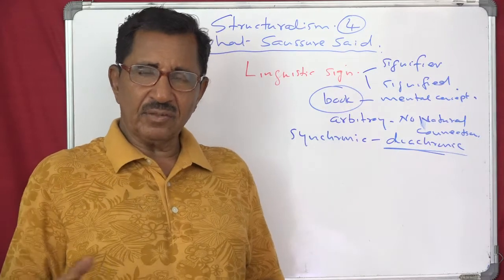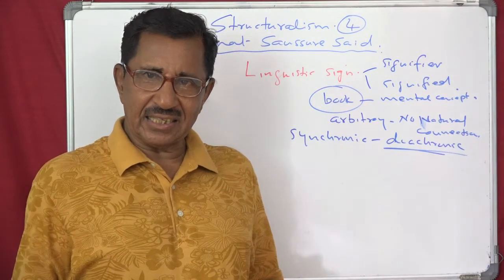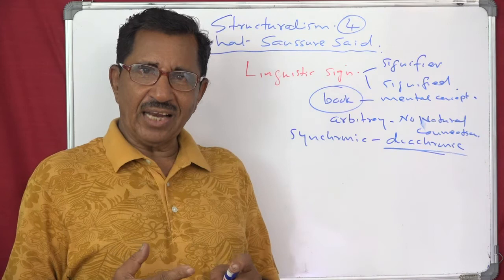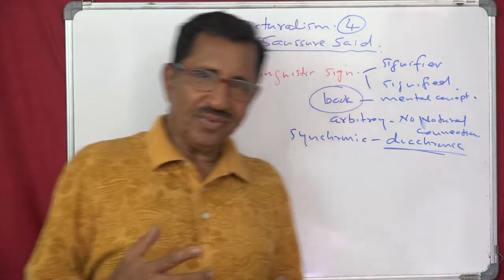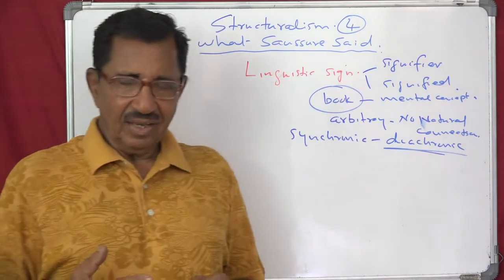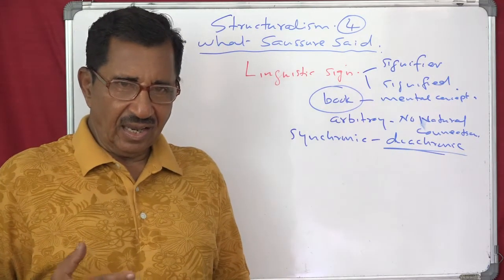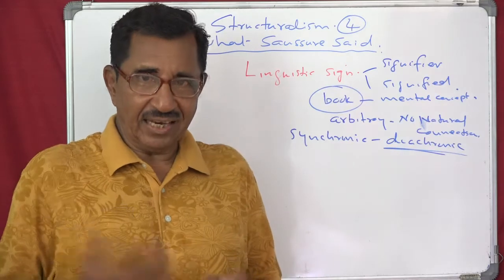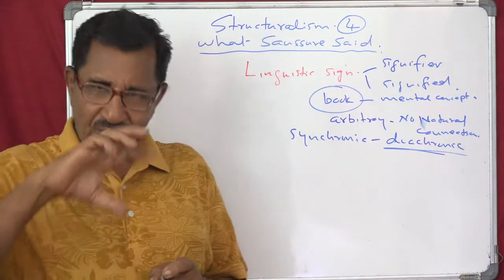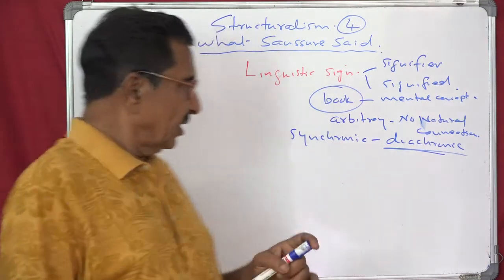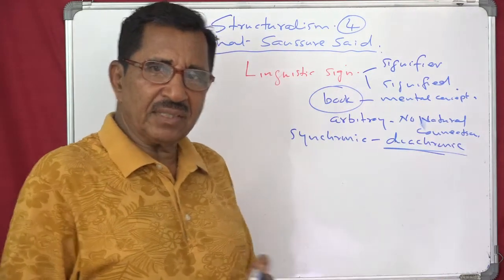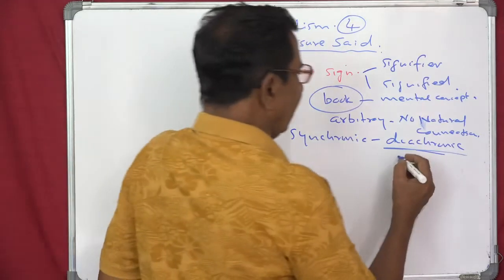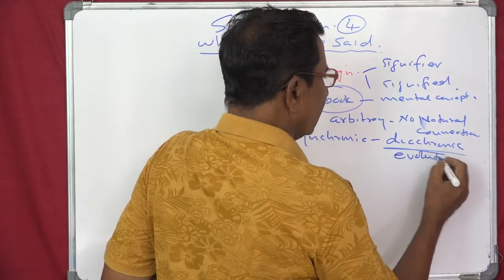From there you have synchronization, synchronize, and the opposite, anachronic. So chrono means time. Diachronic means through time, the evolutionary way.